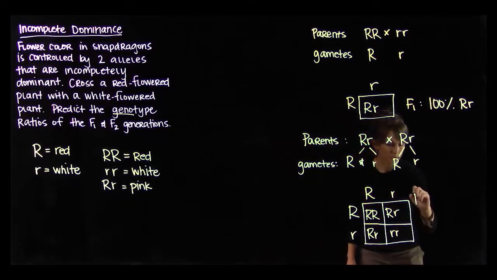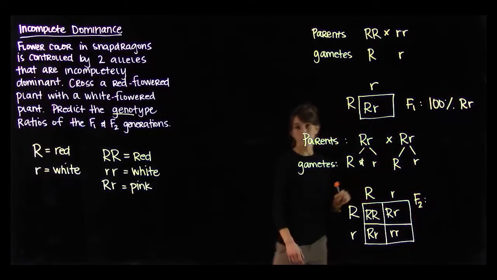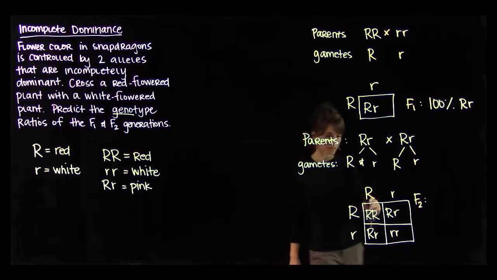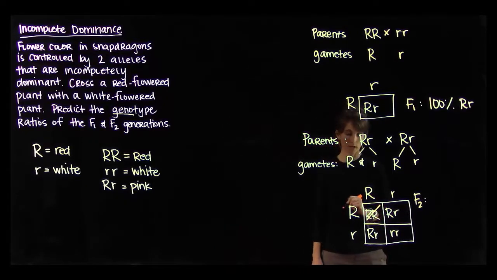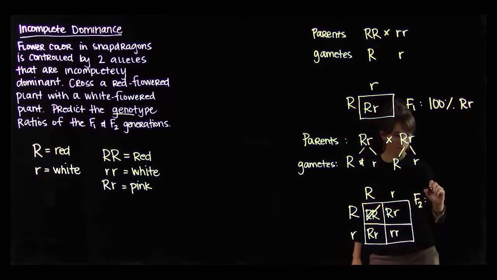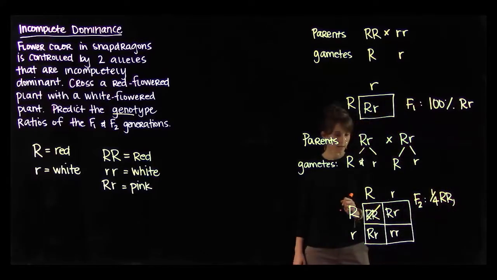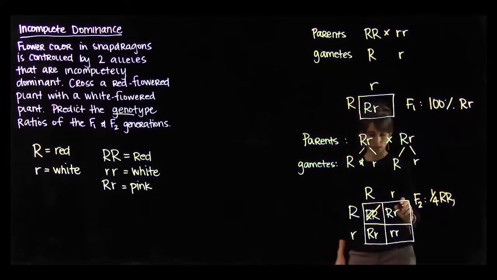Our genotypic ratio, remember, is just a list of the different possible genotypes along with how many of each there are. So the first genotype I see is big R, big R, and 1 out of 4 of these potential offspring carry that genotype. The next possibility is a big R, little r, and there are 2 of those.